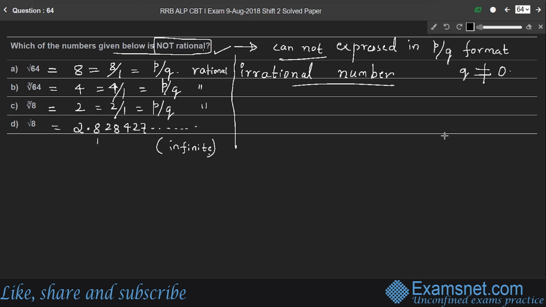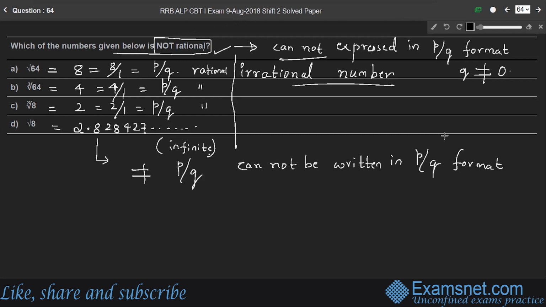Therefore, this number 2.828 something cannot be expressed in the form of P by Q. Hence, root of 8 is not a rational number, it is irrational. Therefore, option D is the answer.